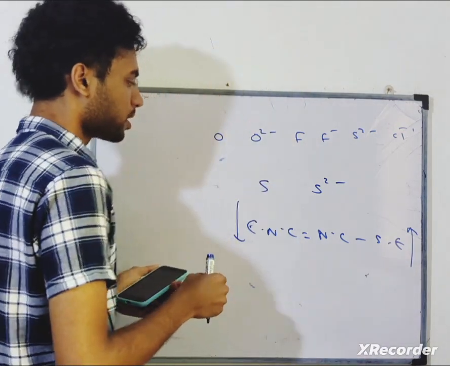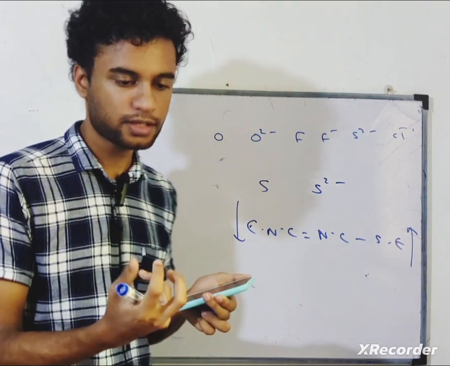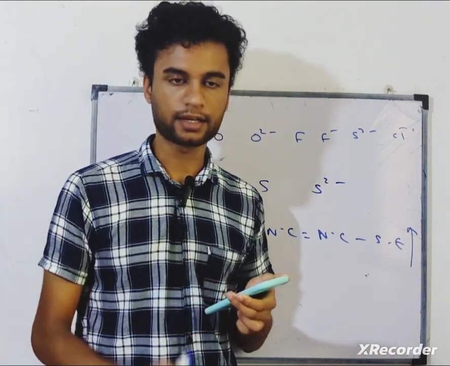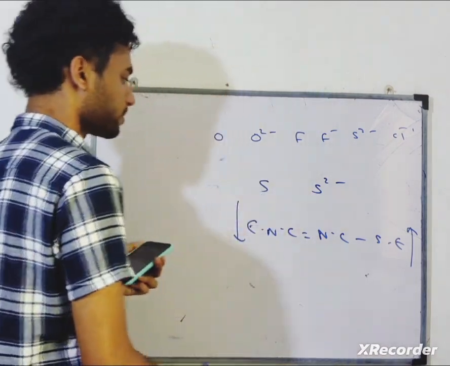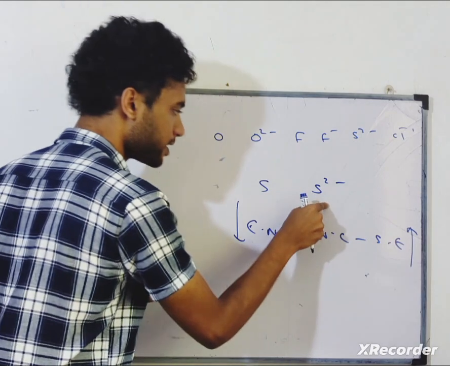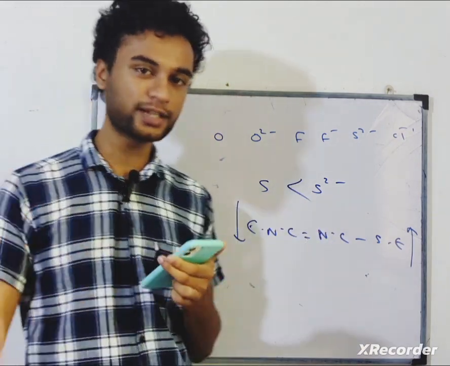All right, now listen. If the effective nuclear charge decreases, the attraction of electrons towards the nucleus decreases, so the atomic radius increases. Then you can understand the sulfide ion has a higher atomic radius than sulfur. I'm defining the theory really quickly.